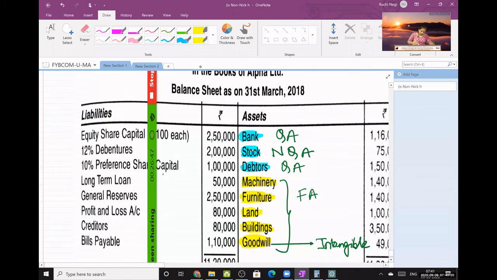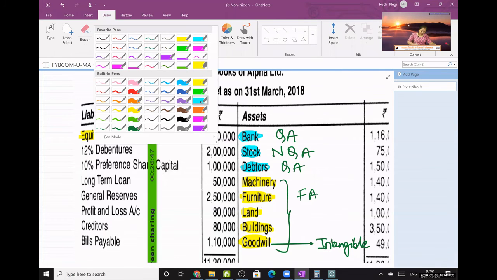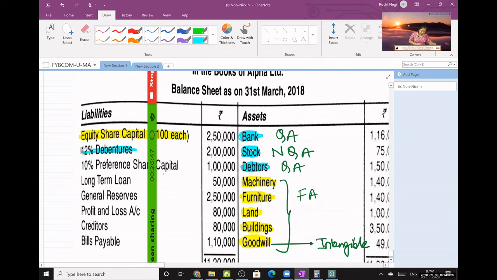Next come to, yeah, equity share capital. Okay. ये आएगा मेरा sources of funds में equity share capital. Then 12% debentures. Okay. Where will this go in sources of funds? Write it in the chat box. Debentures sources of funds में कौन सी category आता है?